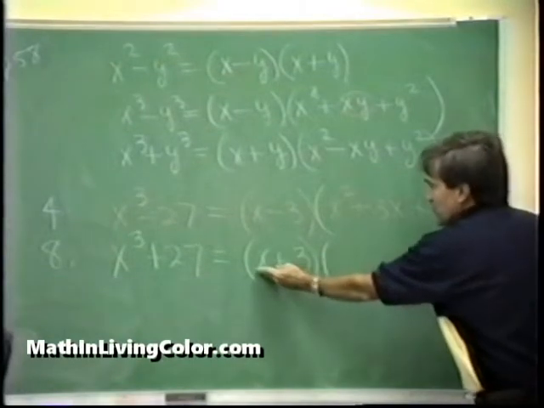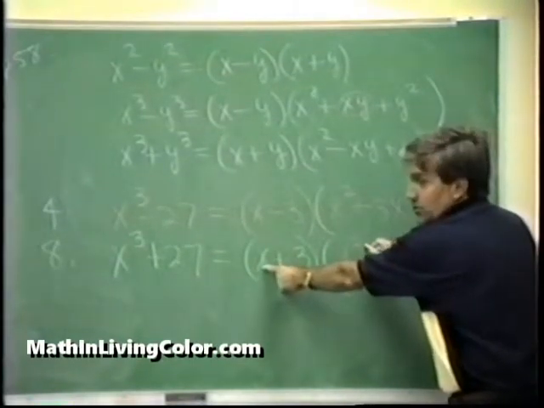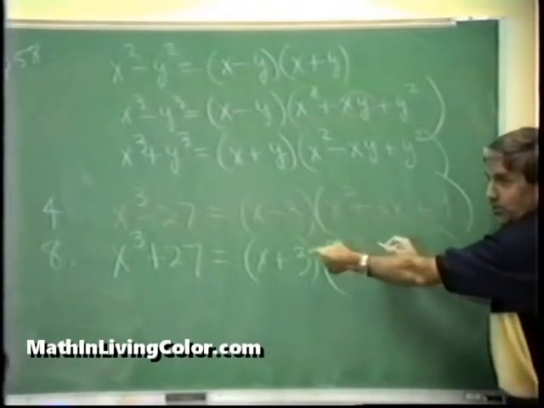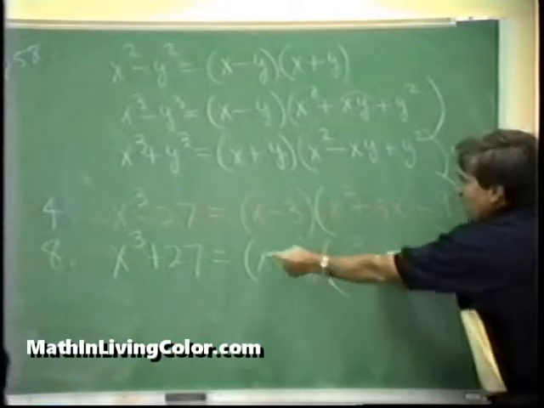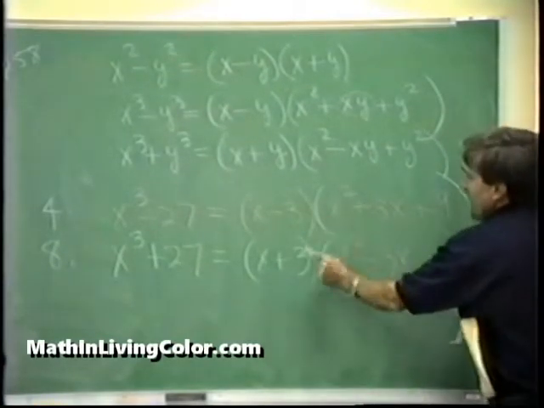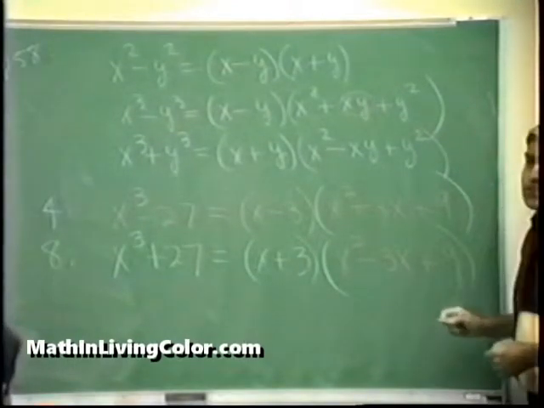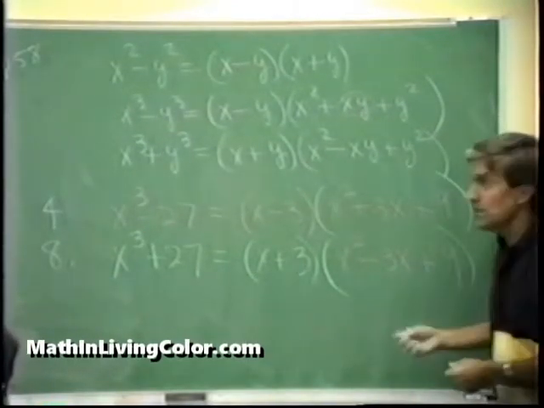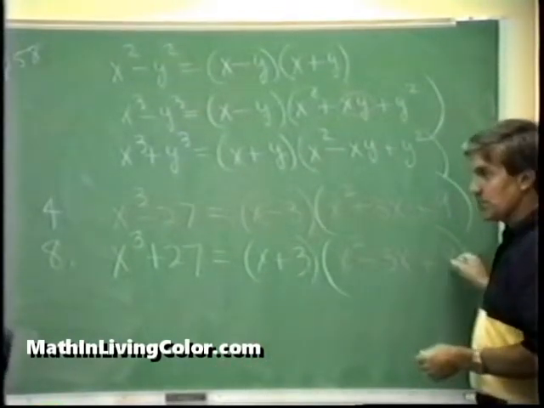And the trinomial is going to be what? X squared, square the first, opposite sign, minus, the product of the two, which would be 3x, and the last squared, which would be plus 9, right? Any questions on that? The last one's always going to be plus.